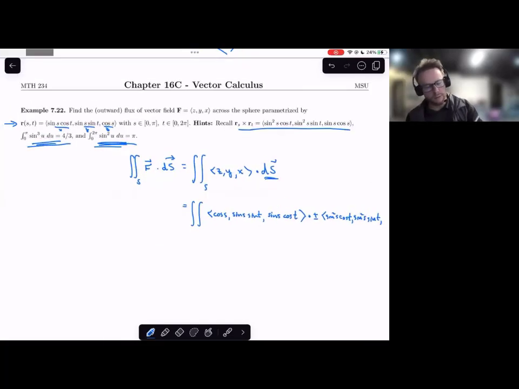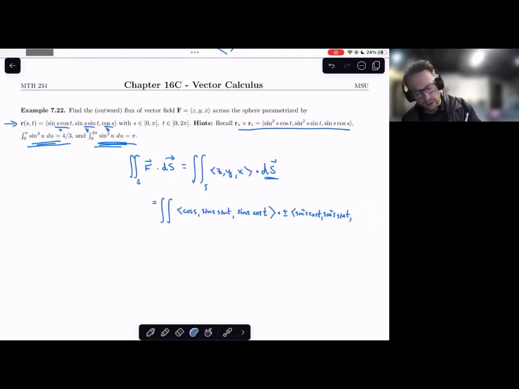Running out of room, I probably will cheat here using my technology and just move that over. And then we have sine s cosine s. And when we do this parametrically, we're going to have dS dT.